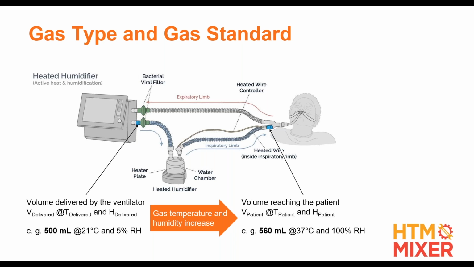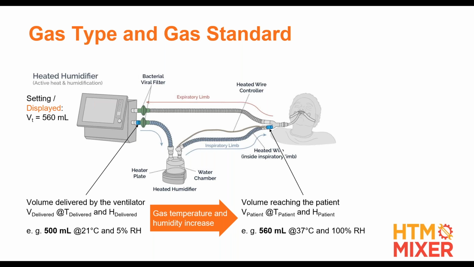And so by the time it gets to the patient, it's no longer ATP, right? Now it's at about 100% relative humidity. It should be at body temperature. And so the volume is going to increase, right?